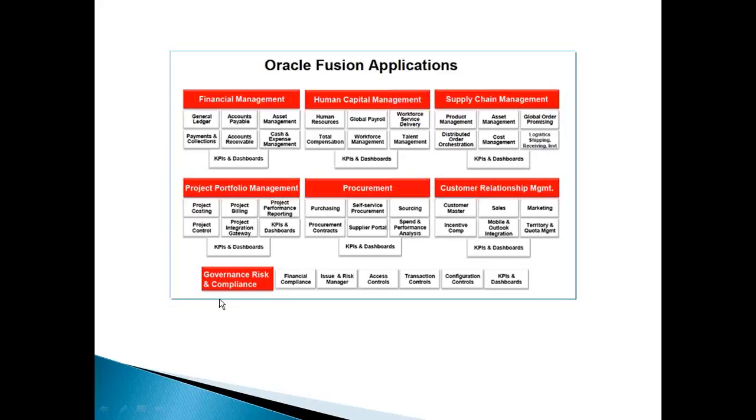Generally, we see this in companies that have a large user base working on the application, or where there are very strict rules that a provision should not be given to a user if they already have a certain access, and there should not be other privileges for them. You can write those as policies and conditions. For that you may use GRC, governance, risk and compliance.